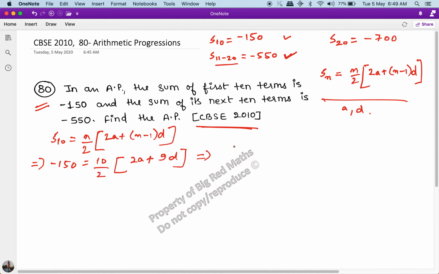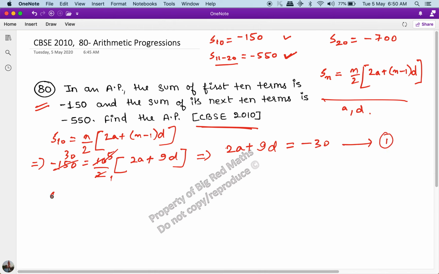Solve this further: 2 fives are 10, and this 5 becomes minus 30. So 2a plus 9d is equal to minus 30. This is my equation 1.